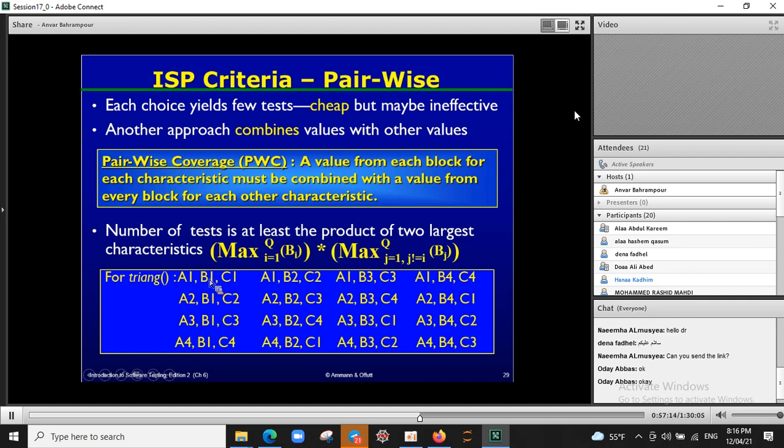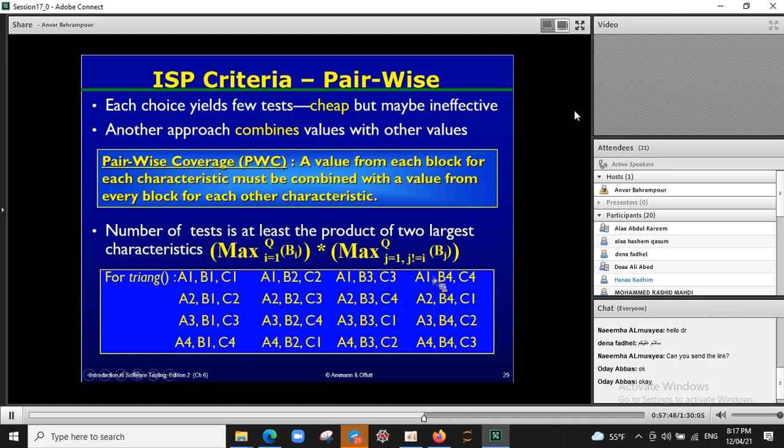So the combination of A1 with B1 is tested by this test case, and the combination of A1 with C1 is also tested by this test case. In the next test case, we combine A1 with two other blocks, B2 and C2.